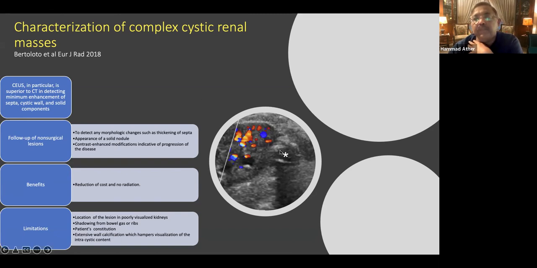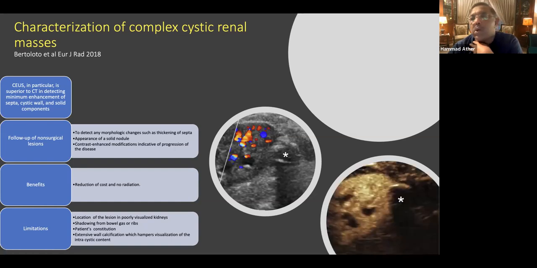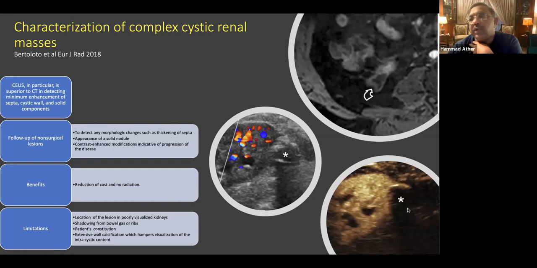You can see in this lesion, where there is an asterisk, that there is a septa and a calcified thing within this lesion. If we look at the contrast-enhanced ultrasound, it doesn't seem to show clearly if there is any enhancement. The reason is that there is acoustic shadowing at this point.